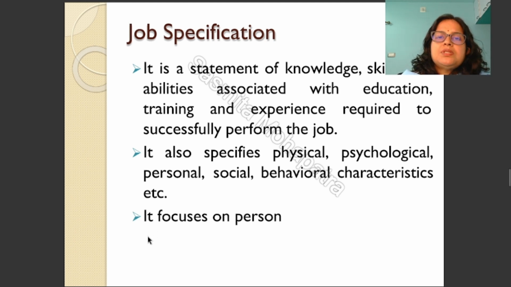It focuses on the person. Job description is focused on the job, and job specification is focused on a particular person: the skill, experience and knowledge of the person who is going to work for that job.